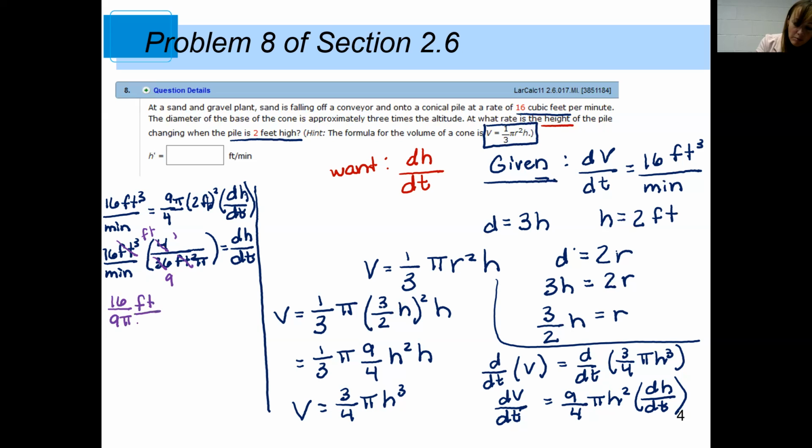feet per minute. For this one, I would approximate it because it just doesn't look nice to say 16 over 9 pi. I mean, the denominator is not rational, you know, that 9 pi. So I would definitely encourage you to rationalize that denominator. Calculator, that works.